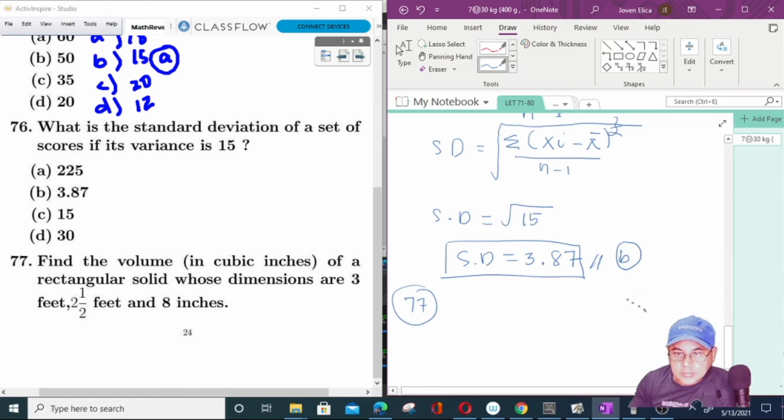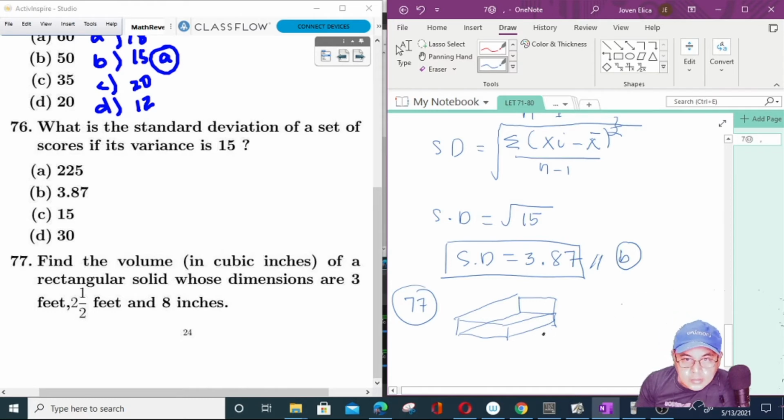So this is a rectangular solid. It's like this one. That is the rectangular solid. So if this is the length, this is the height, and this is the width.